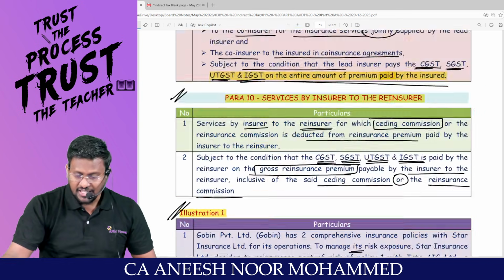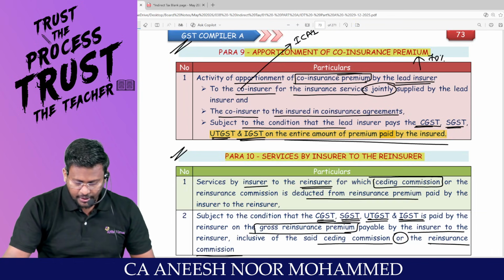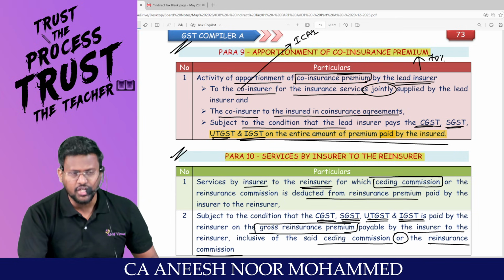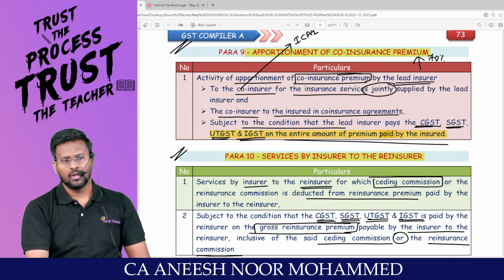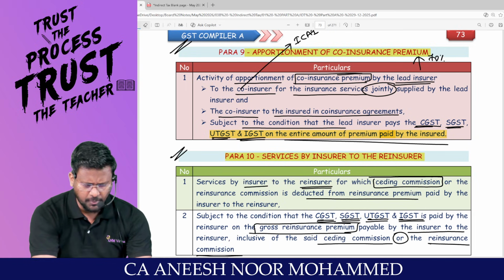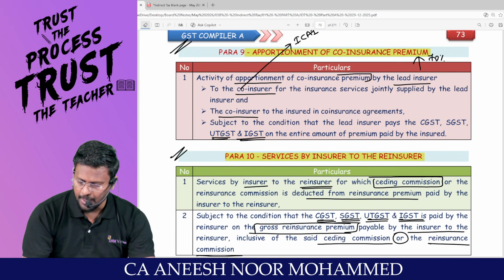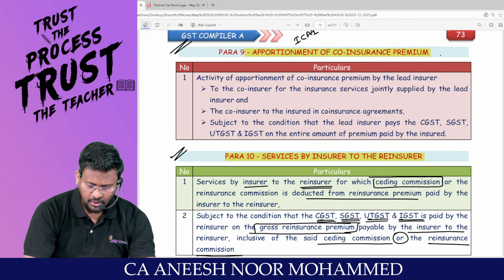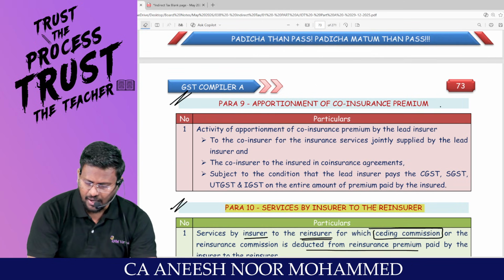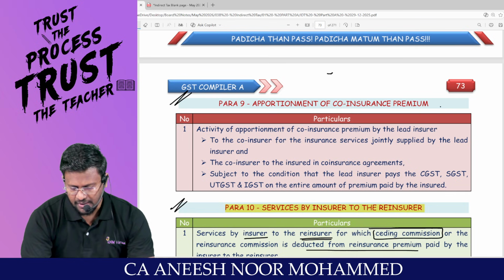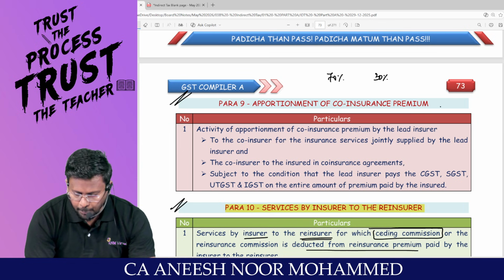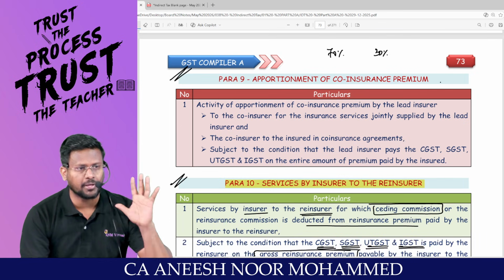Clarity. That's the first one: insurance law, apportionment of co-insurance premium. What is the total insurance premium? 80 lakh. It has been apportioned between who and who? Star and ICAI. Star how much? 70%. ICAI how much? 30%. Sir, apportionment of co-insurance premium.